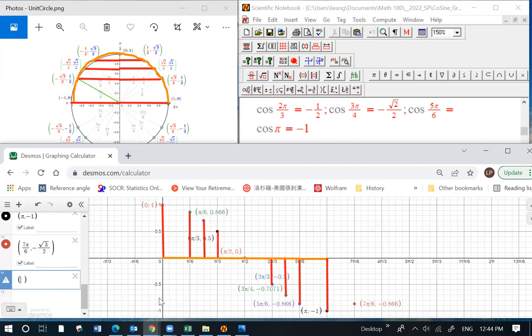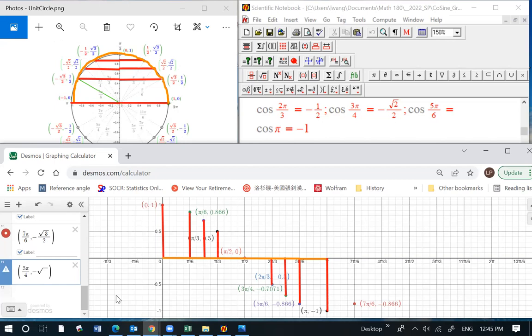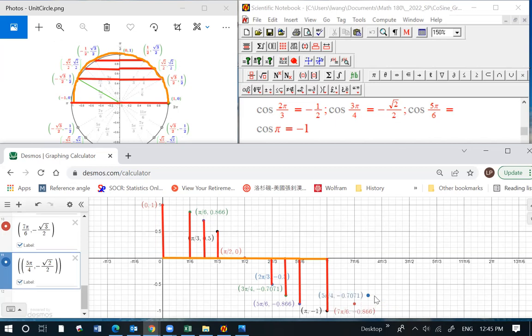And next is 5 pi over 4. So 5 pi over 4, and the ratio is negative square root of 2 over 2. So we mark that point right there. You see the blue, right?